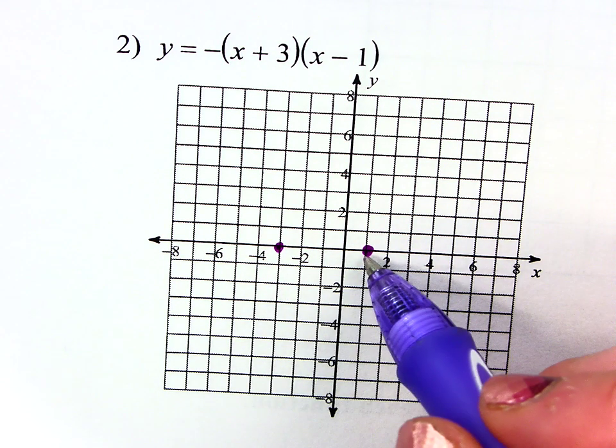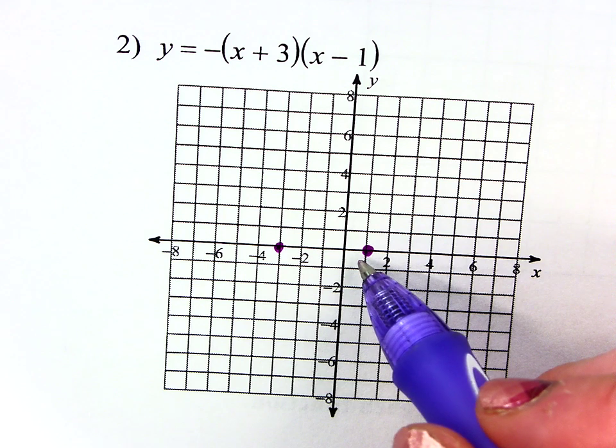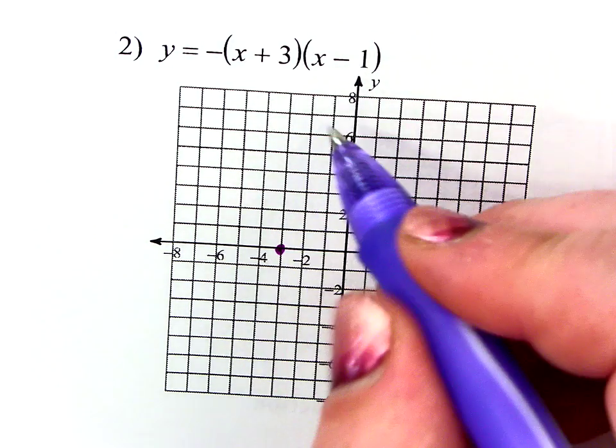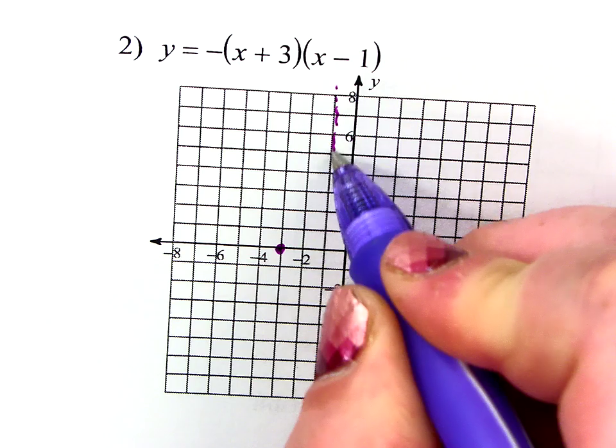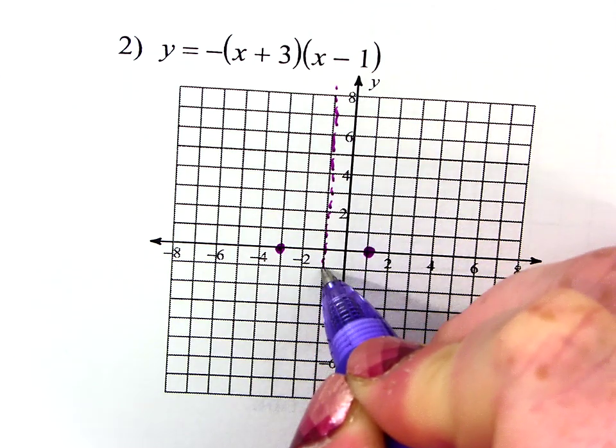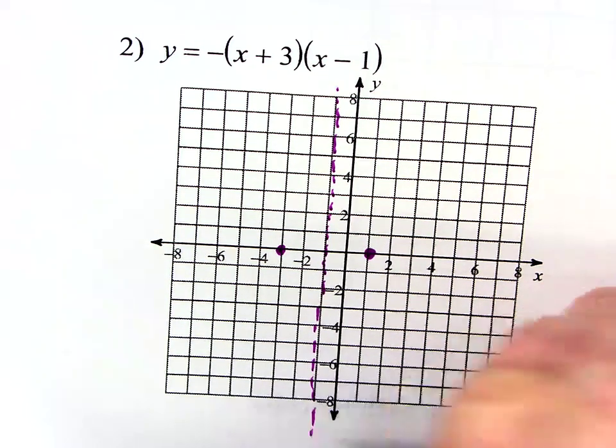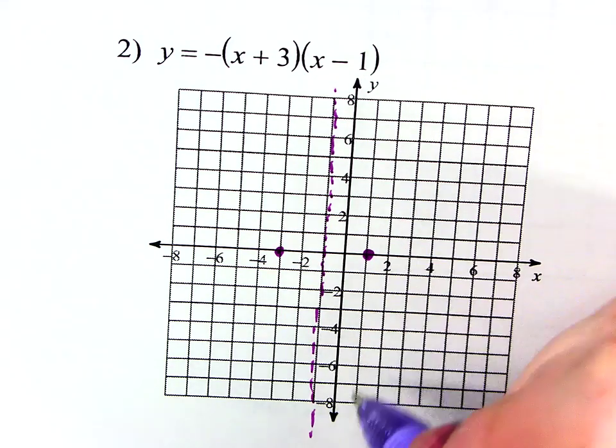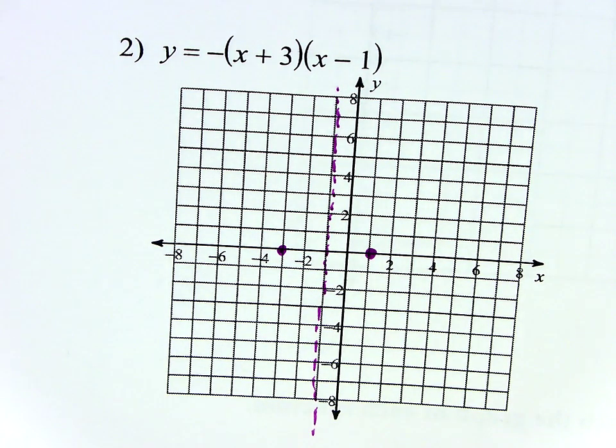So negative 3 plus 1 is negative 2, divided by 2 is negative 1. So I know my vertex is somewhere on that axis of symmetry. Is everybody okay with where I got the negative 1 from? Yeah.